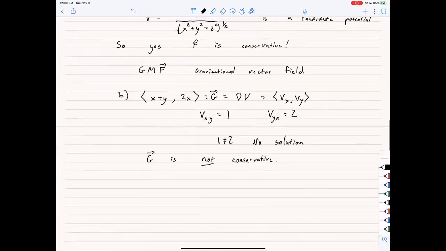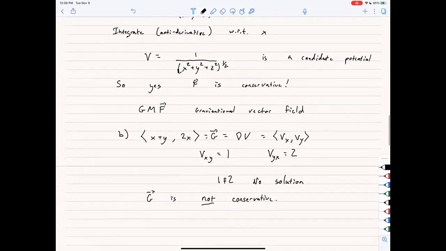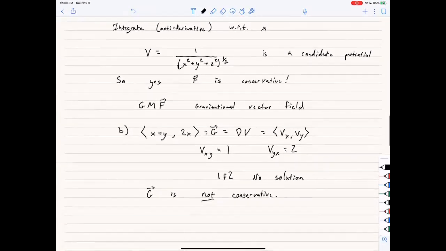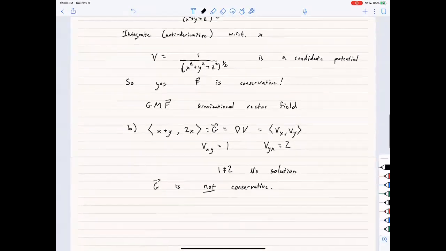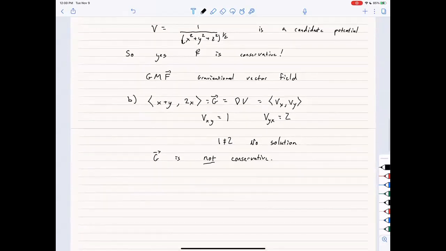No. So how do you detect whether or not they are conservative? Well, that's a hard question, and it's one of the questions we'll talk a lot about as we go. But there's one way we can say right away that it's not conservative, and it's by doing what we just did. And this is this cross-partial test.